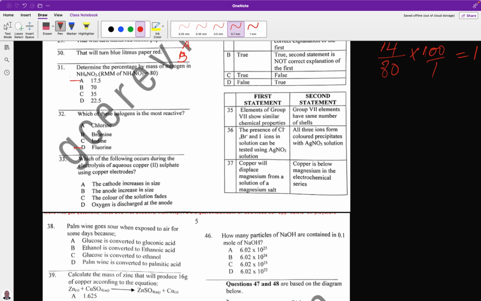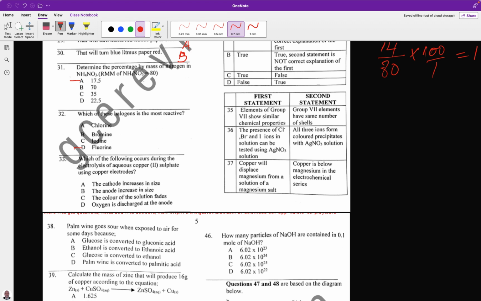Which of the following occurs during the electrolysis of aqueous copper 2 sulfate using copper electrodes? A. The cathode increases in size. B. The anode increases in size. C. The color of the solution fades. D. Oxygen is discharged at the anode. As we said, nothing is going to happen at the anode because the OH will not go there, the sulfate will not go there.